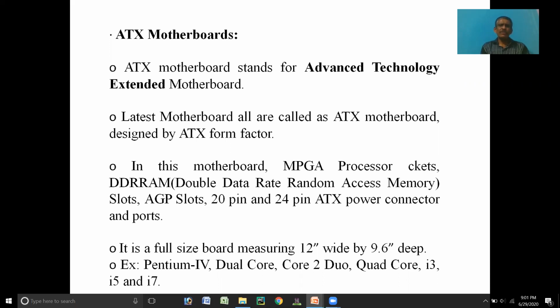One of the important questions for 1 mark question. Motherboard is the main circuit board of the computer system that contains many components like CPUs, memories, etc. Motherboard is a large printed circuit board.